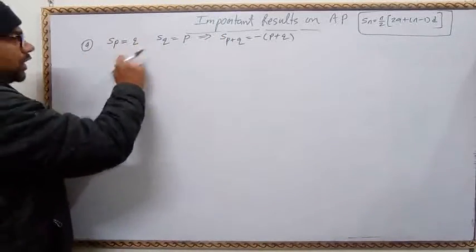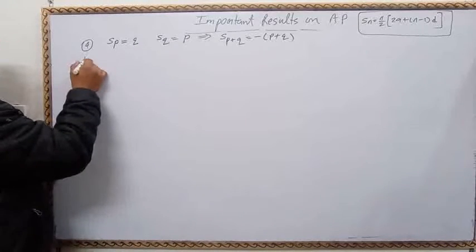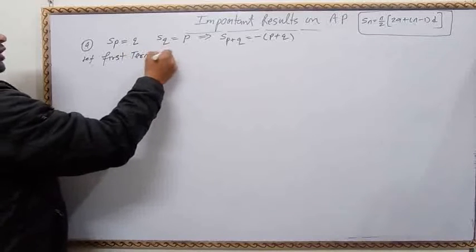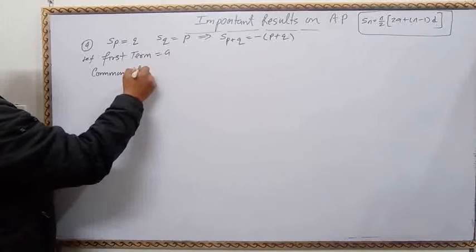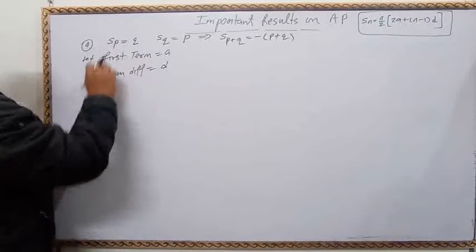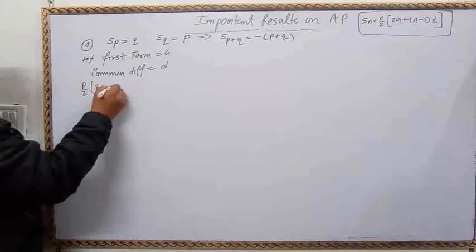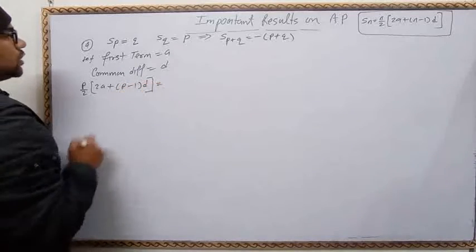Sp equal to q and Sq equal to p. So let the first term be A and the common difference be D. What is the formula? Sp equals p by 2 times (2a plus (p minus 1)d), equal to q.